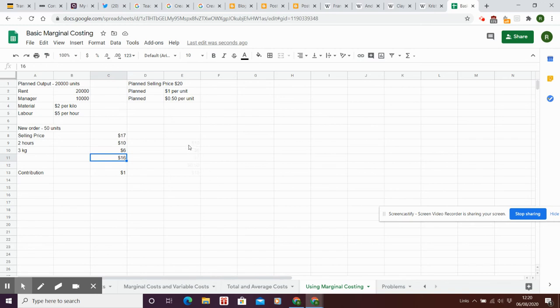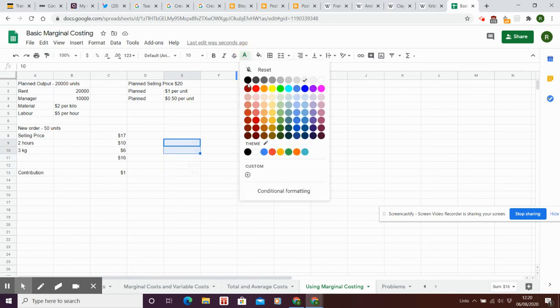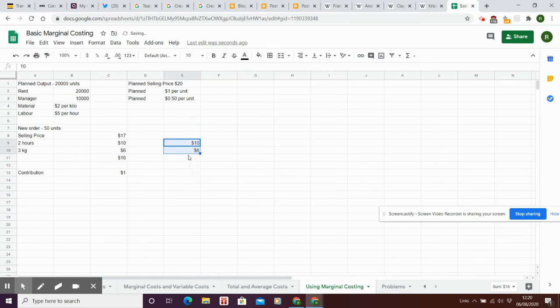Now, there is a counter argument to that. If we look at all the costs of production, okay, so if we're looking at all the costs, the marginal costs, the variable costs don't change. But for this business, they plan to sell 20,000 units and the rent is going to be $20,000 per year. So for every unit that we make, we need to cover $1 of rent, and the manager's getting paid $10,000 a year.